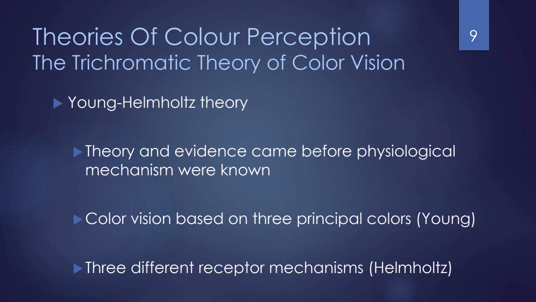Okay, so let's look at some theories of color vision, color perception. We know quite a bit about cones, rods, photopigments, and the chemical reactions that go on when wavelengths of light are absorbed.